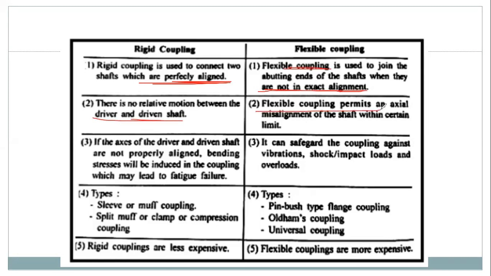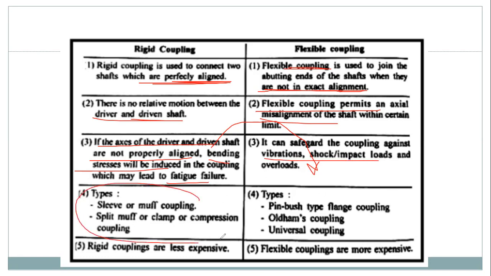But here you can see small amount of misalignment is allowed, and small amount of angular misalignment is also allowed in flexible coupling. If the axis of the driver and driven shaft are not properly aligned, then bending stresses will be introduced in the coupling, and this will lead to fatigue failure. You cannot see such failure over here because flexible couplings are meant to absorb vibrations, shock loads, impact loads, and overloads.